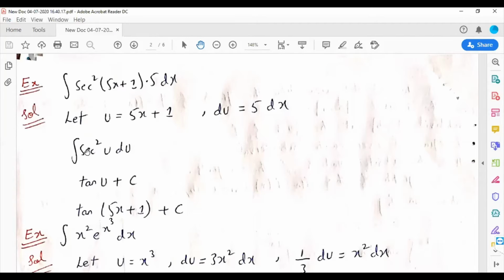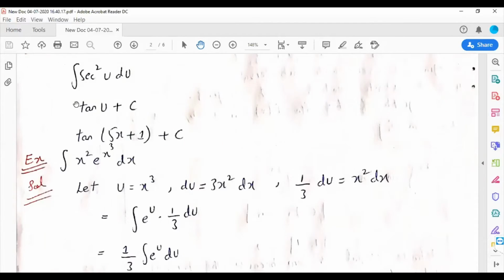We know the integral of secant square u is tan u plus c. So we are getting an expression in terms of u. Do back substitution. u is equal to 5x plus 1. So the answer is tan of 5x plus 1 plus c, in the variable x plus the constant of integration, as this is an indefinite integral.